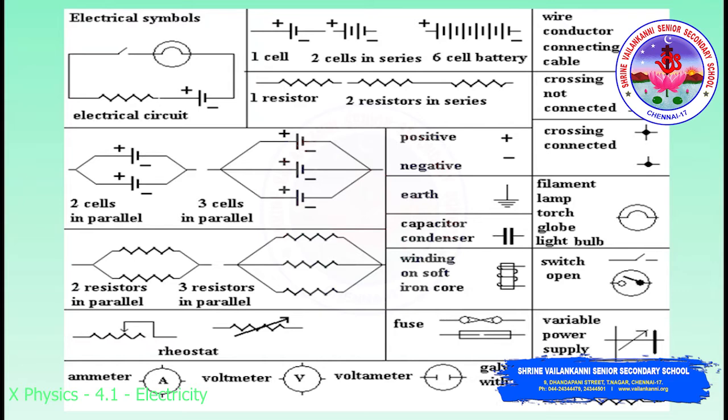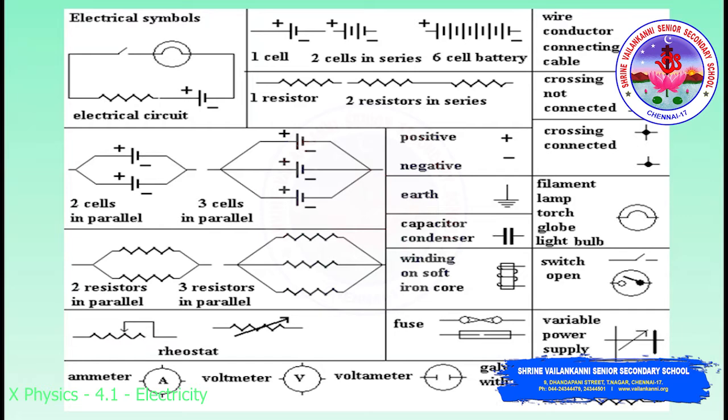This is the basic electrical circuit, with the switch open, and one cell and two cells in series. If they ask, you have to draw like that. For a 6 cell battery, you have to show that it is a battery of more than 2 cells.